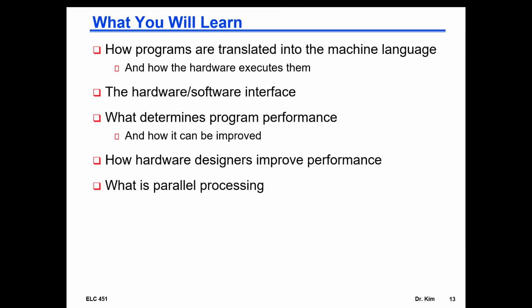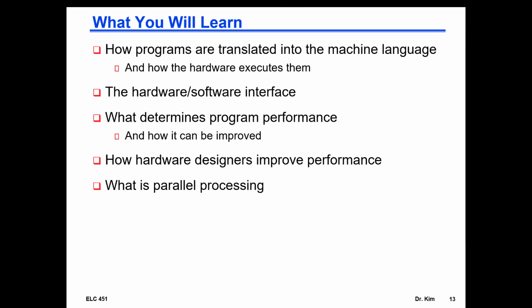And through the instruction set of the processor, you're going to start seeing how that entails that hardware and software interface through that instruction set. Then in this chapter, we're going to talk about performance and how we can improve performance.